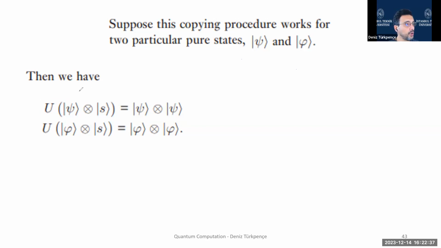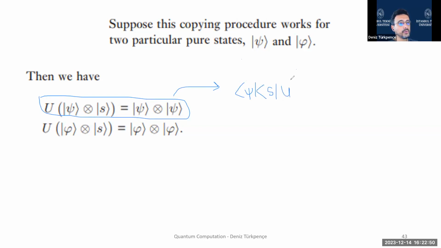So if you take the Hermitian conjugate of this equation, both sides, what you will obtain is psi and S and U dagger. And this is equal to psi and psi. That should be.